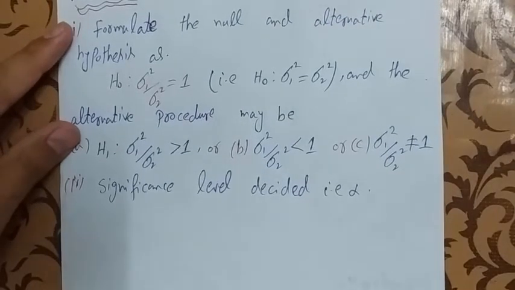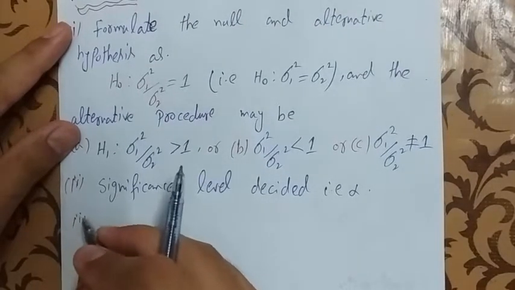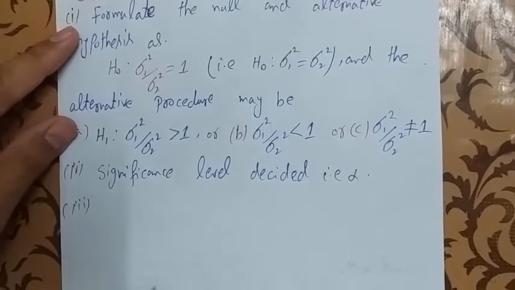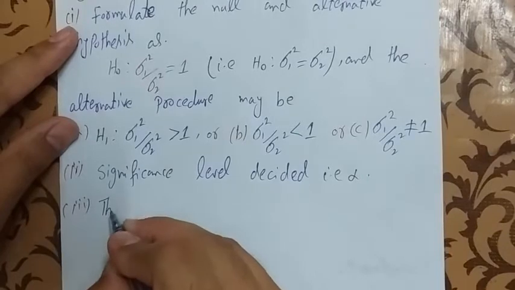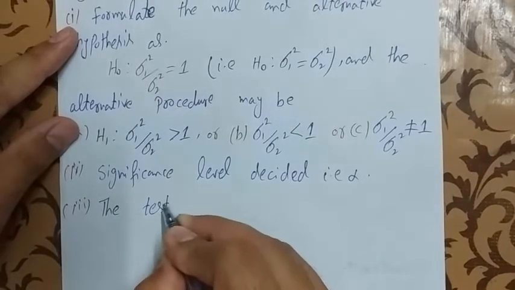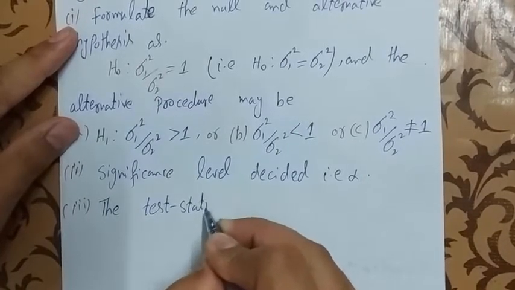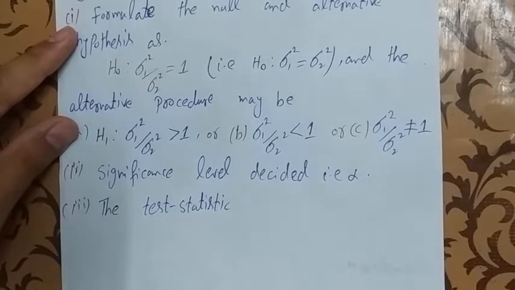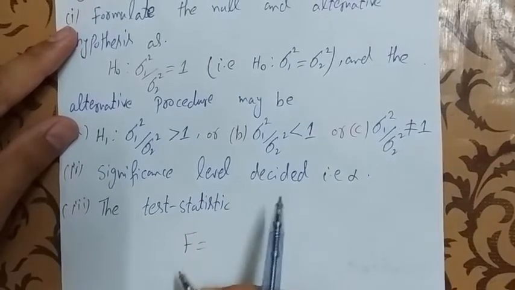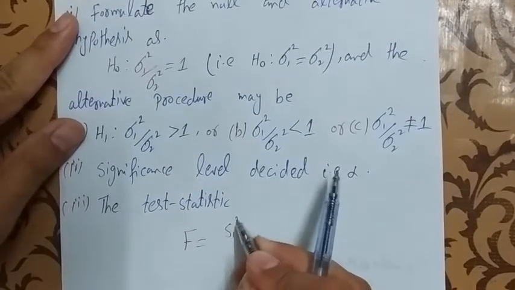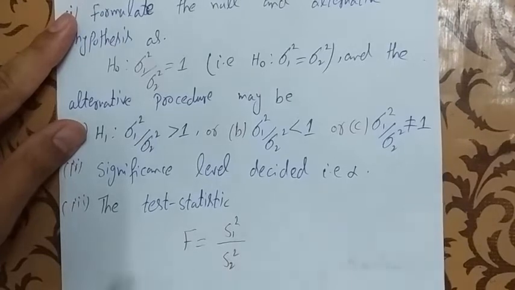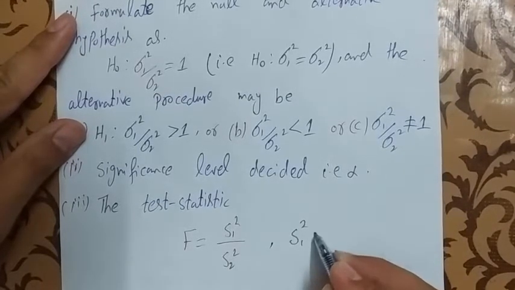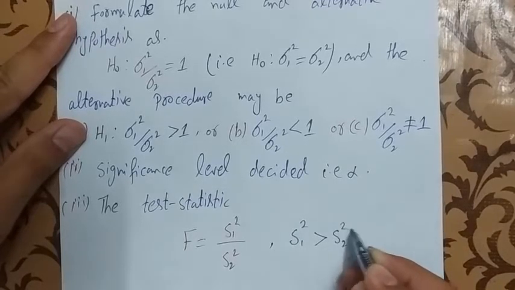In the third step, similar to the previous test, we have to perform the test statistic. The test statistic is F equal to S1 square over S2 square, where S1 square is always greater than S2 square.